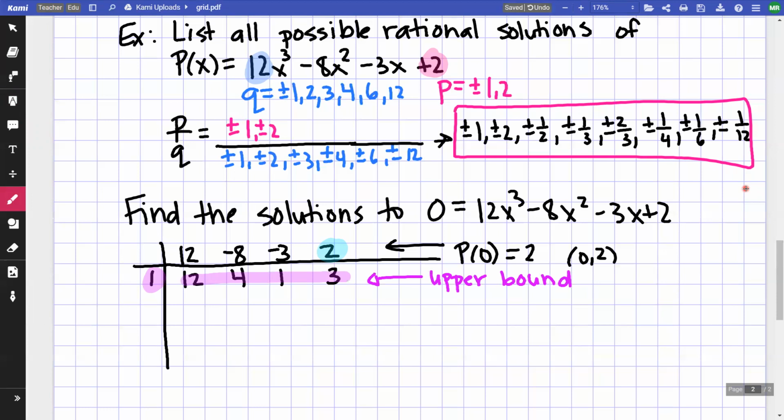And that upper bound happens when I have a positive number that I'm trying and I get all positive numbers back.